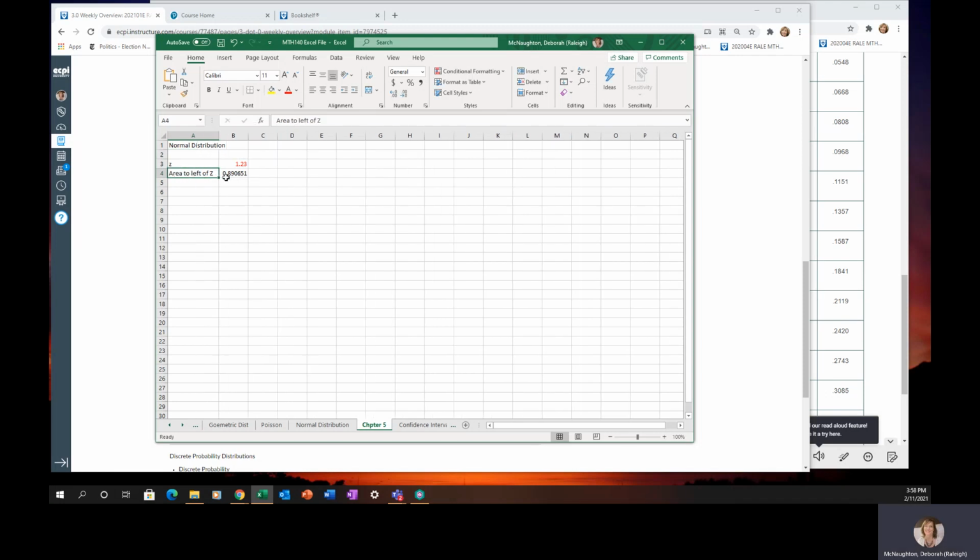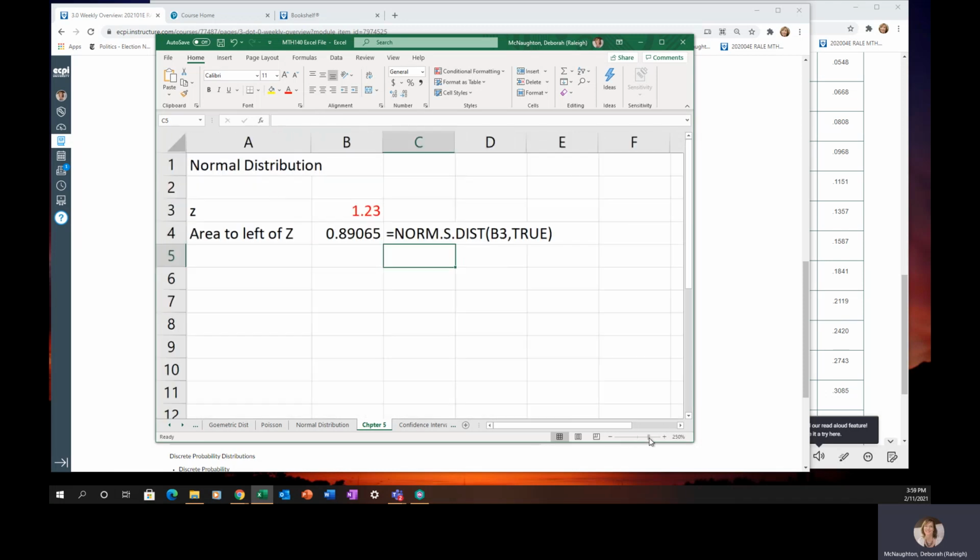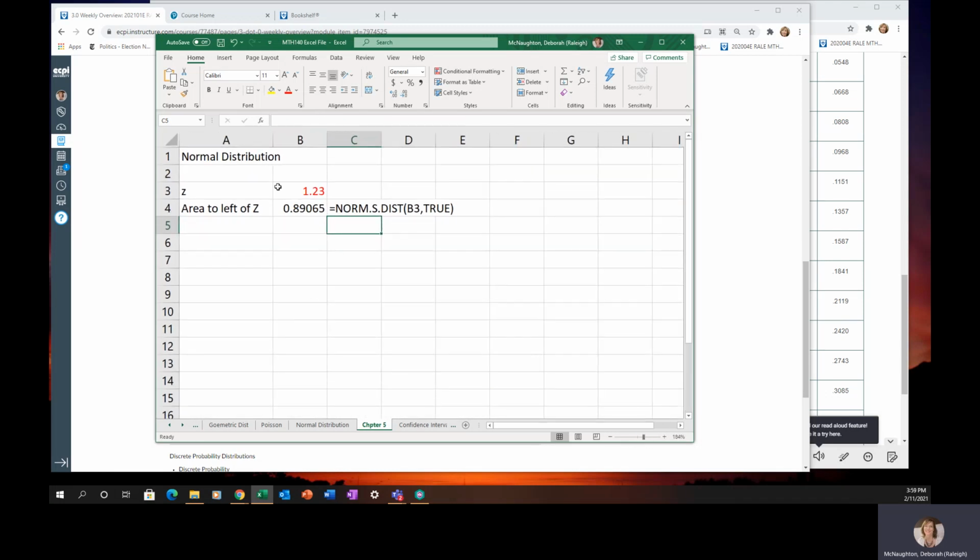So to get the area to the left of z, you're going to use norm.dist, the z value, and true. Oh, I need to make this bigger so you guys can see what I'm doing. Sorry. Okay, so to get the area to the left of this z value, you're going to put in the z value, and this is for the standard.